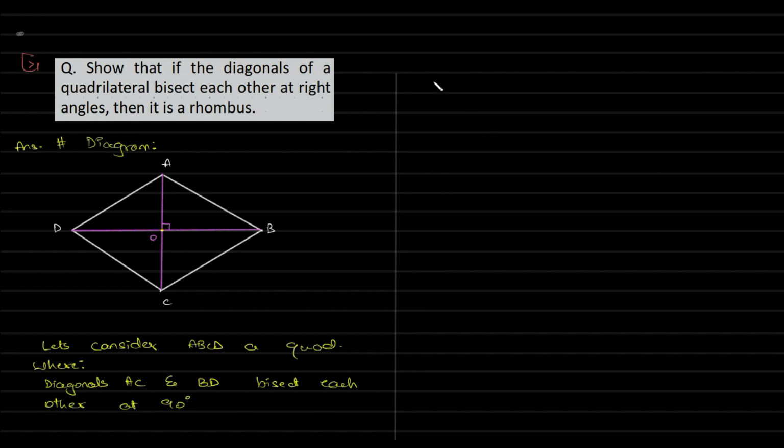Okay, so what can we tell? We can tell quite a few things. Let AC be equal to 2x and DB equal to 2y. Then we have AO which is equal to OC which is equal to AC by 2 which is equal to x, and we have DO is equal to OB which is DB by 2 which is equal to y, right?